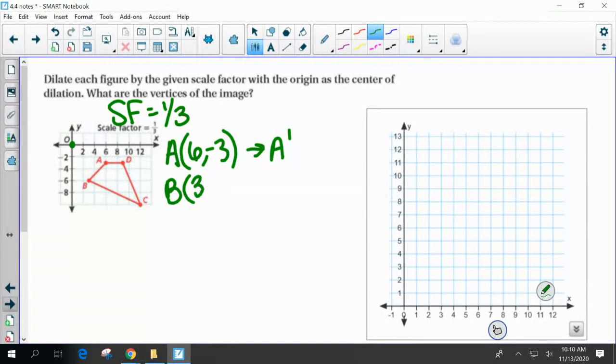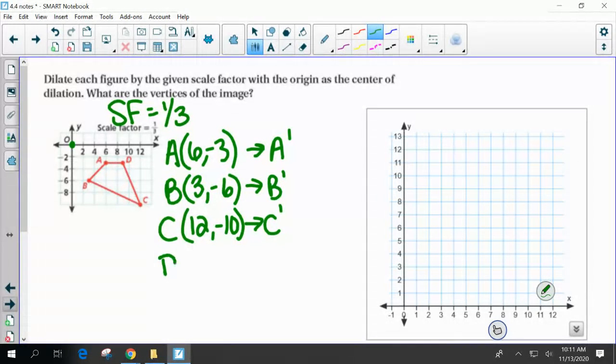You're close. 3 and -6. Okay, C. 12 and -10. And then D is 9, -3.